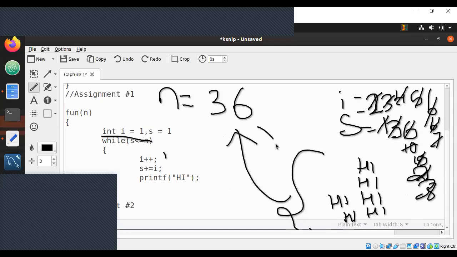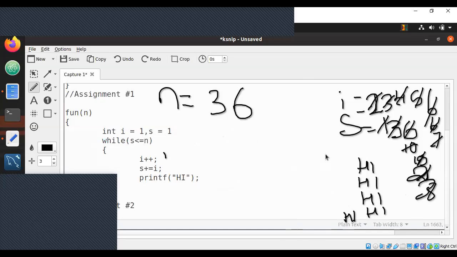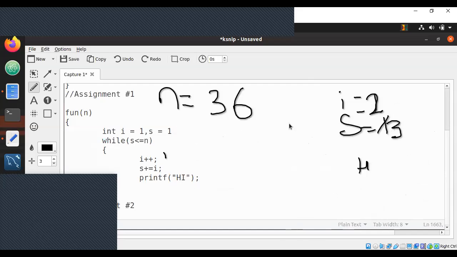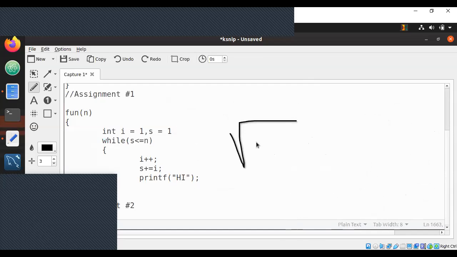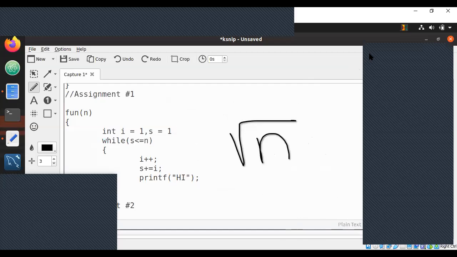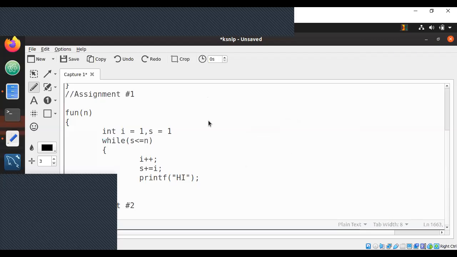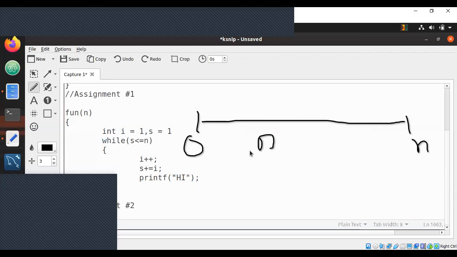Pretty much it has executed square root of n times. So if you calculate this for a lower value or a higher value, it becomes somewhere around square root of n most of the time. Now, when you look at this on a number line, as always, when you look at n and 0, square root of n is much closer to a constant value 0 than it is to n.